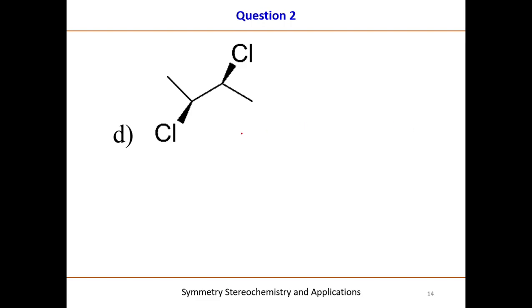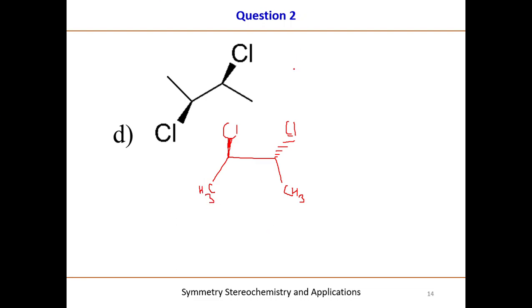Now this 2,3 dichlorobutane has a different conformation if we draw it in Fischer conformation, Fischer form. So I will write this way also and Fischer also. Chlorine, chlorine, CH3, CH3.